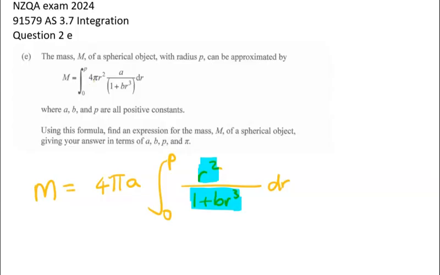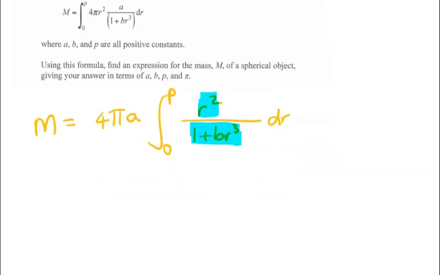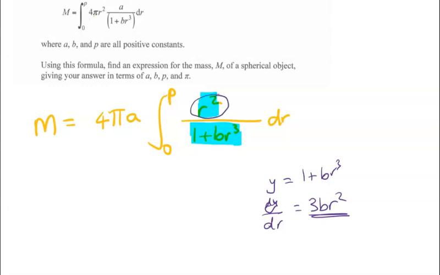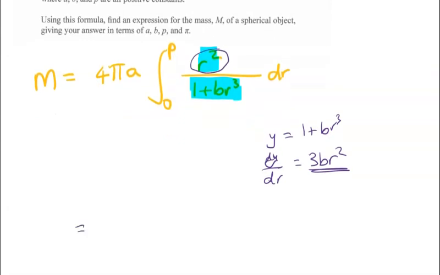So looking at 1 plus br cubed, if we had y was equal to 1 plus br cubed, then dy by dr would be 3br squared. So we haven't got 3br squared, but we have got r squared. So that tells me that integrating this is actually pretty easy.